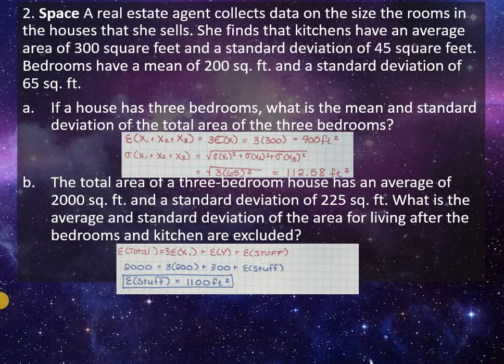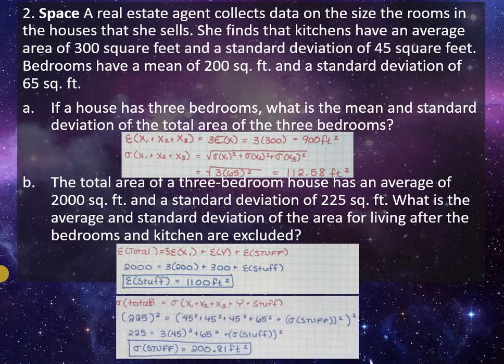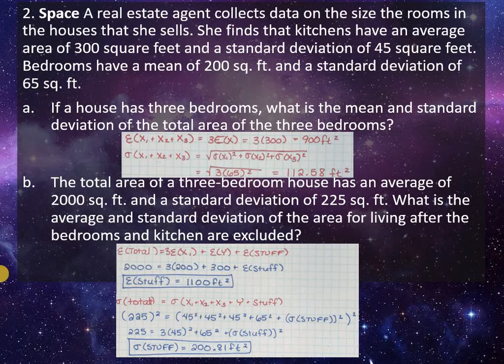So you would take 225 squared minus all of the rest of it, and then take the square root. So the standard deviation of the rest of that stuff ends up being about 200.81 feet squared.